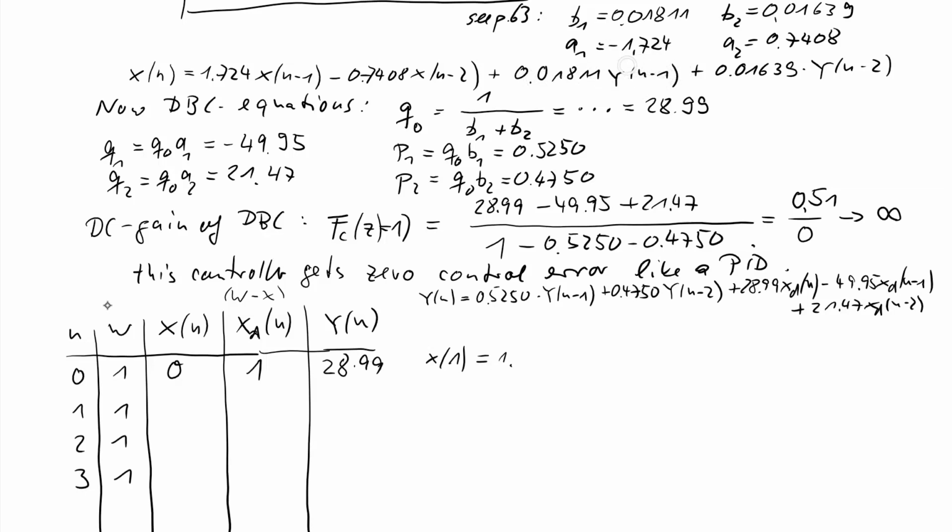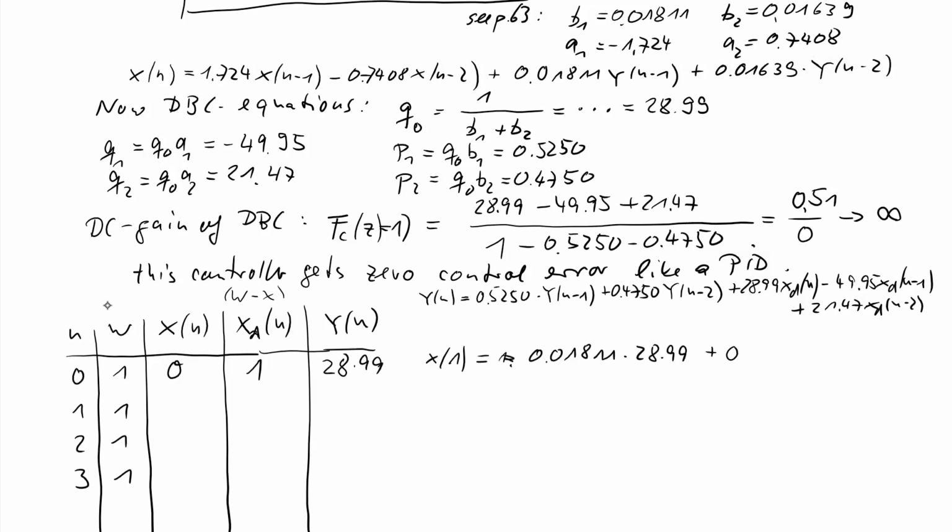Here y0 is our 28.99 value, so we can calculate 0.01811 times 28.99 plus 0, because this is still 0.